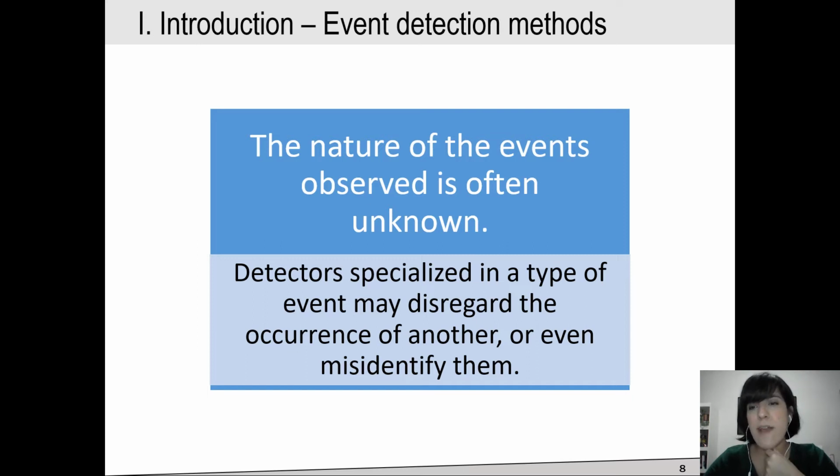In this case, a method specialized in detecting a certain type of event may disregard the occurrence of another type or even misidentify them. For example, anomaly detection alone may not know if new values are noise or anomalies in trend or in volatility or even perhaps change points.